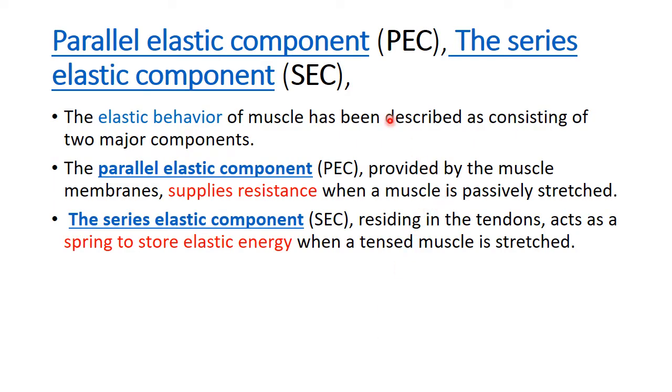So because of the parallel elastic component and the series elastic component, there is the elastic behavior of the muscle. Once we are concerned with the PEC, the parallel elastic component, meaning the membrane or myosium, it will provide resistance when the muscle is passively stretched. It's important. It provides resistance, meaning they will not be stretched easily.